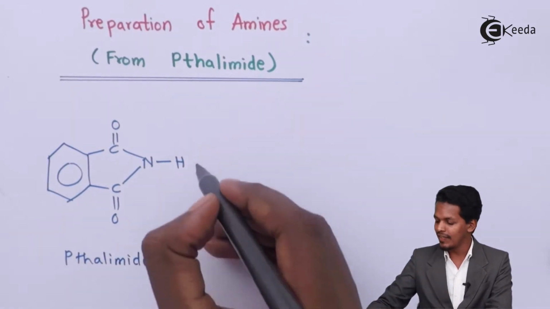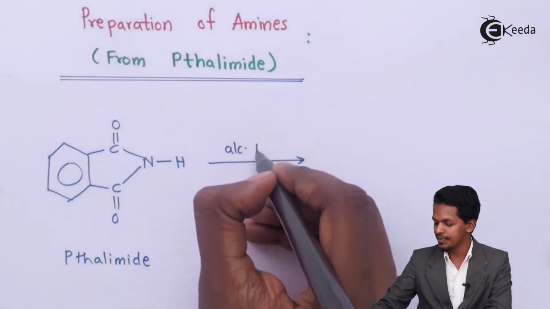So this phthalimide will react with alcoholic KOH.